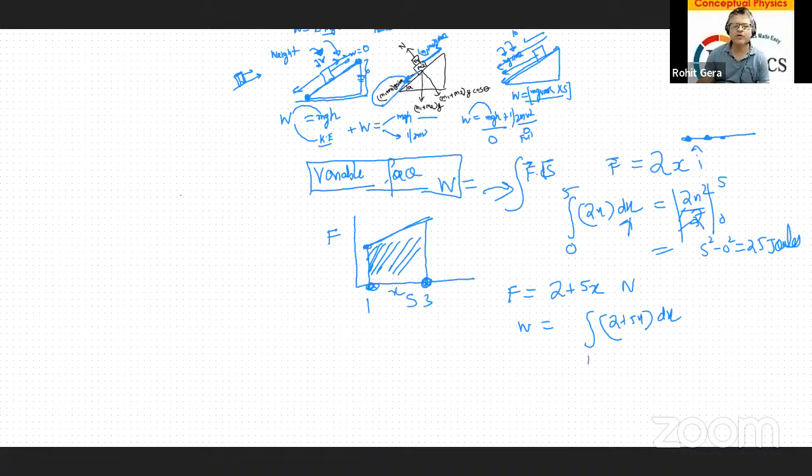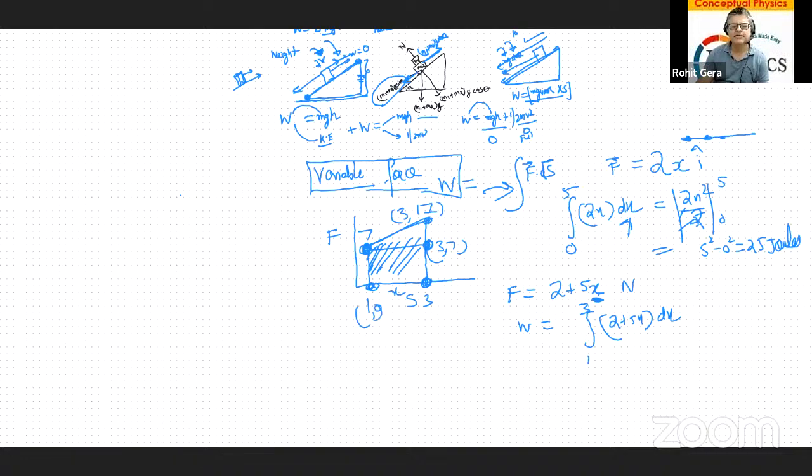The other way could be if you know these values. At x equal to 1, the force is going to be 7 Newton. At x equal to 3, the force is going to be 17. So we know the coordinates of these points: 3 comma 17, 1 comma 7, and 1 comma 0.